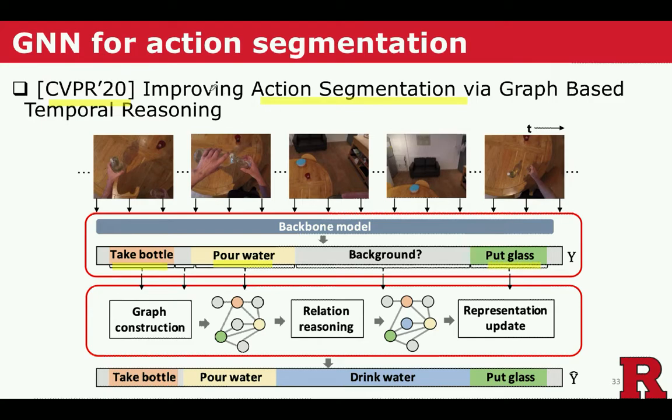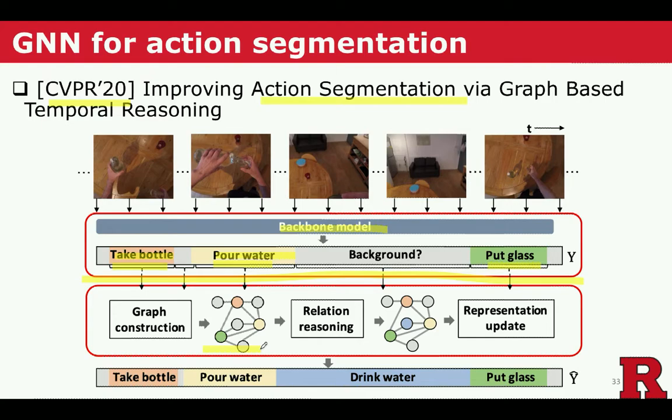The authors of this paper first use a backbone model which can produce some initial results. Here are the initial results produced from this backbone model. Then they consider each initial predicted action segment, like take bottle and pour water, as nodes, and we have a fully connected graph.